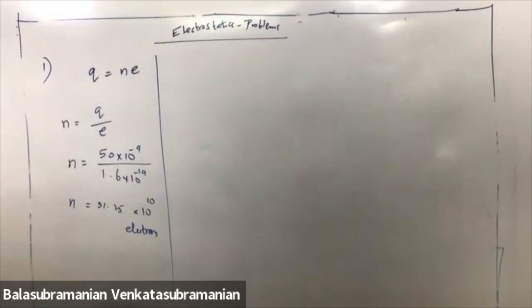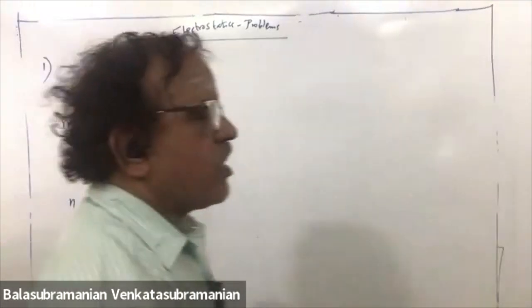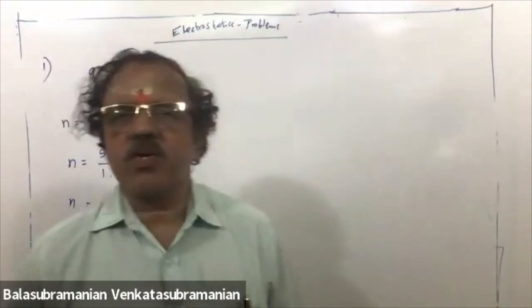Compare this with your own weight. Assume the mass of each person is 60 kilograms and use point charge approximation. You and your friend lost 1% of the total charge.